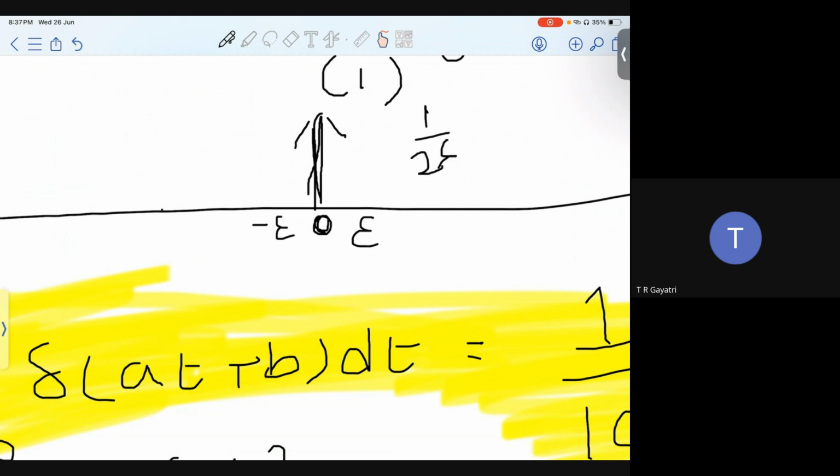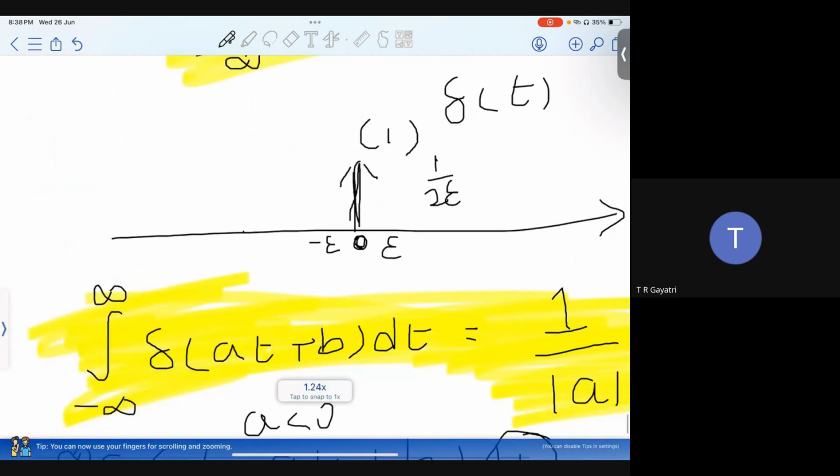It may take a value of 1 by 2 epsilon, because only then can you make the area 1, right? So if it is concentrated in a very small interval, you can see what value it can take. But when you are evaluating across a large interval, the only idea you need is that the area of the delta signal across the time axis is always 1. So that means we should not say 0 to epsilon at all.